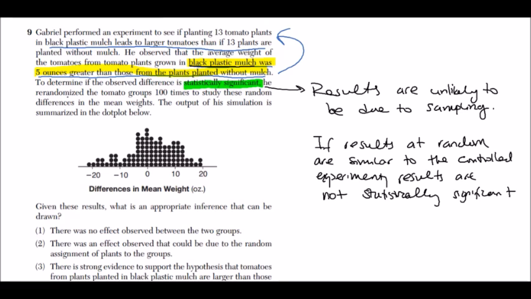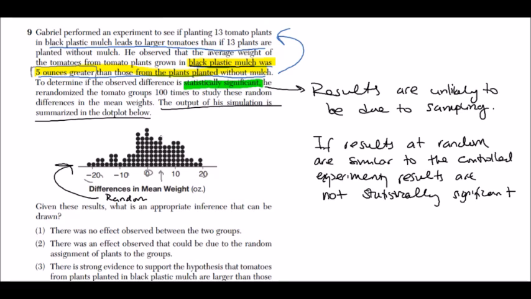So, the output of a simulation is summarized in the dot plot below. So realize these are the random ones in the dot plot. And the difference in the mean weight that he found was 5 ounces. Well, here we have a difference in the mean weight of 0, 10, 20, -10, and -20. Well, the 5 would fall right into here.